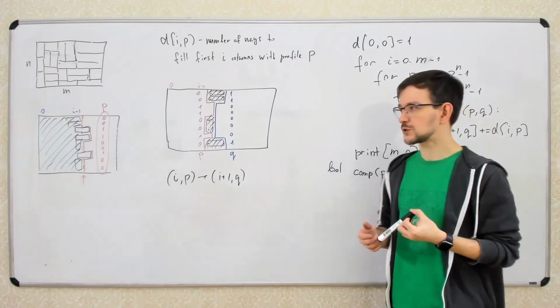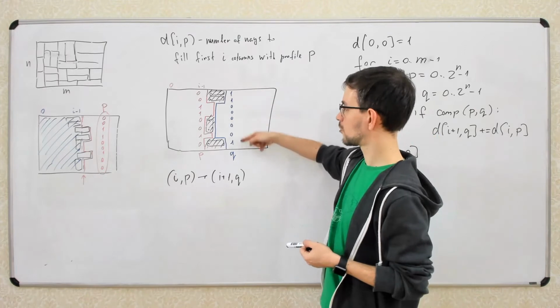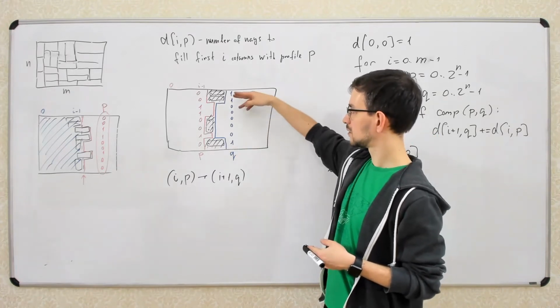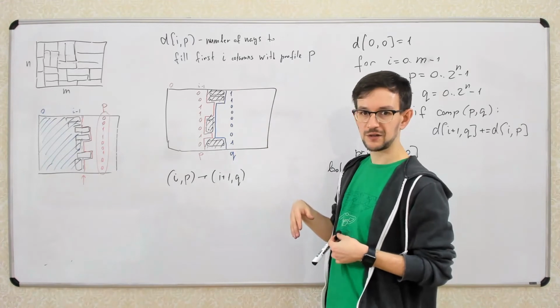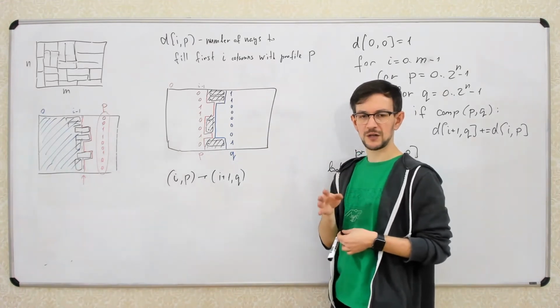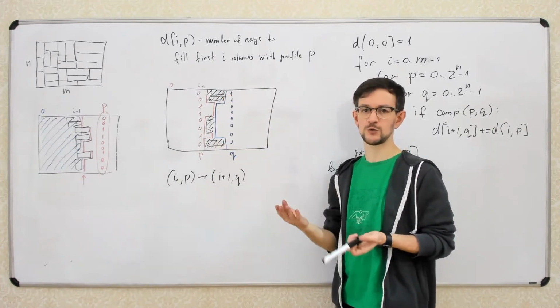There are different ways to do it. You can do it just by iterating over all rows and putting all the tiles in place. So there's a unique way to fill the tiles. If it is possible to fill all this empty space with tiles, it is actually a unique way.